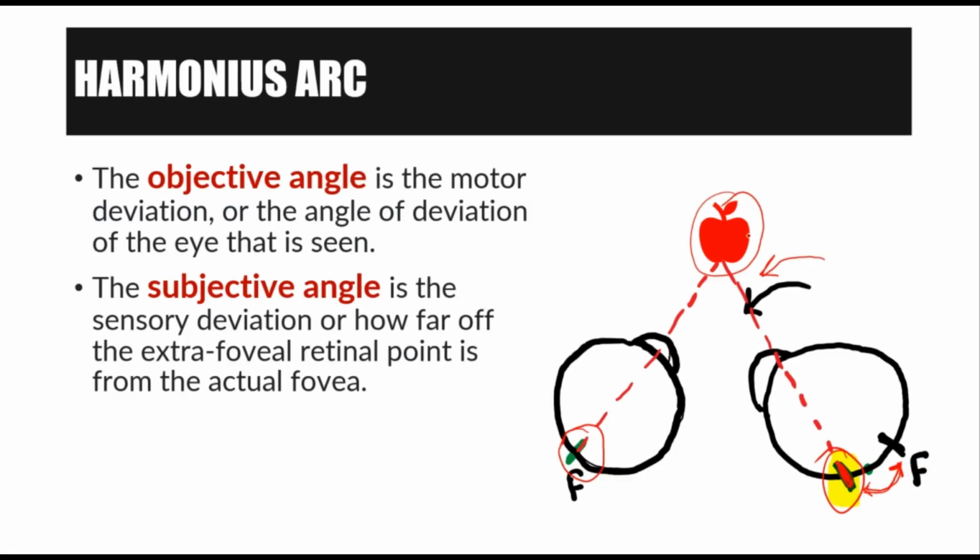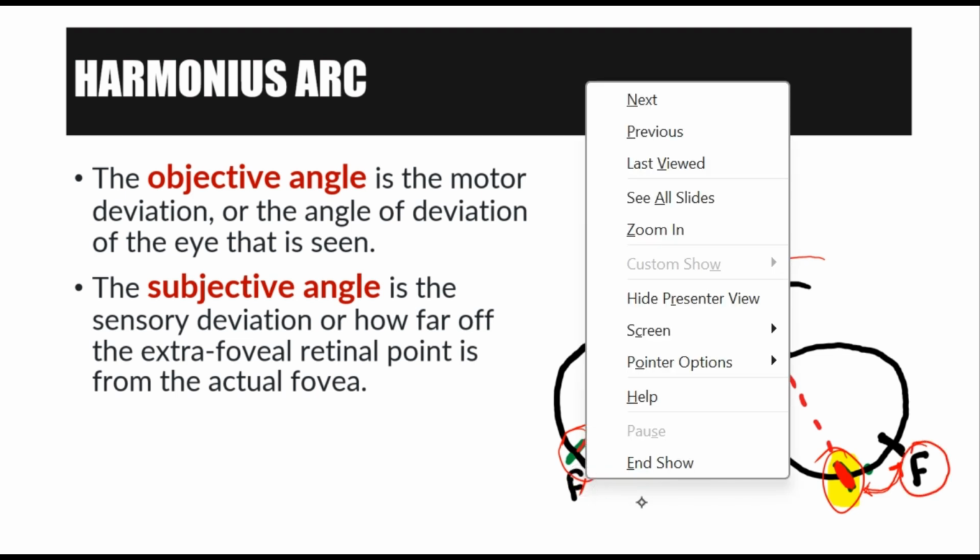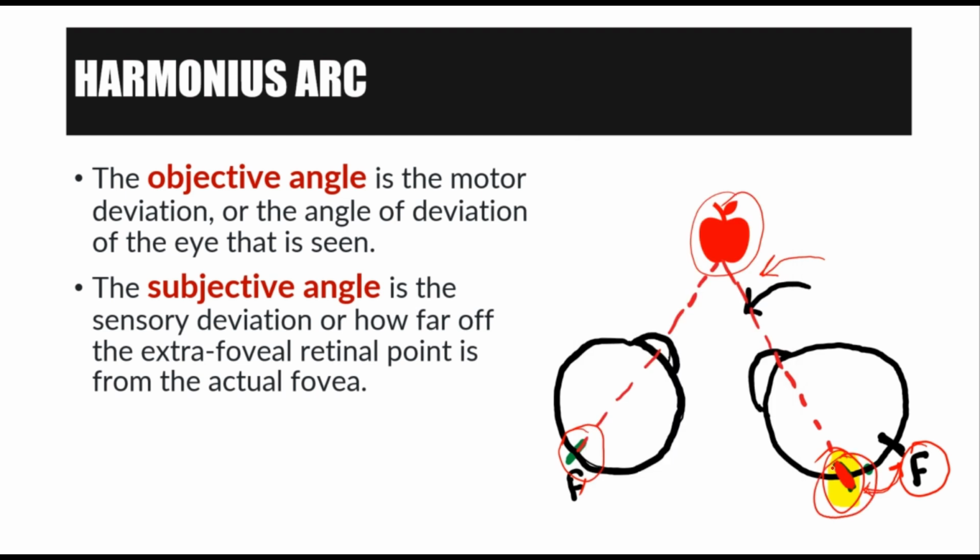Basically, over here we know that this apple is being projected on this point instead of being focused on the fovea. Now, if the fovea were to develop correspondence exactly with this point over here, that means it is the best kind of adaptation and the fovea has developed perfect correspondence, and therefore this correspondence is called harmonious abnormal retinal correspondence.